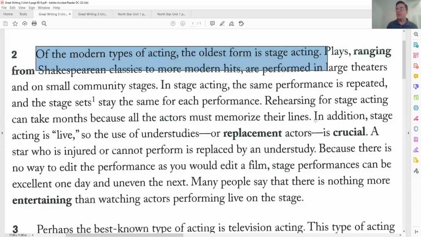Of the modern types of acting, the oldest form is stage acting. And then we follow it with an entire paragraph devoted to stage acting, giving us information, some definitions, some examples, some descriptions about stage acting.